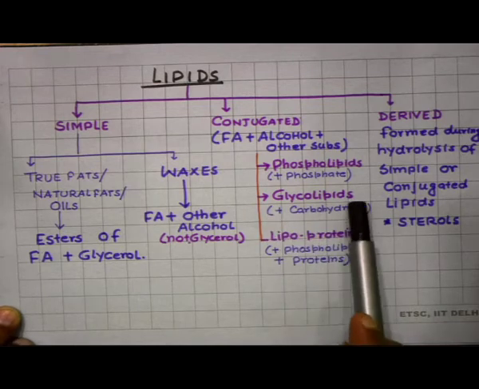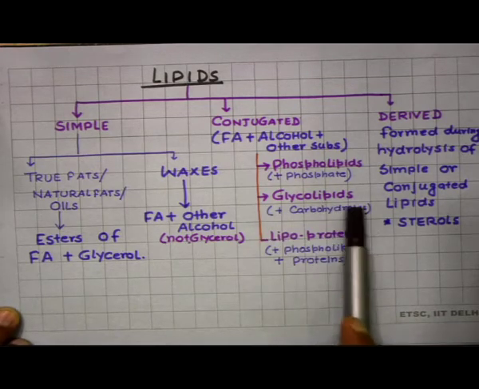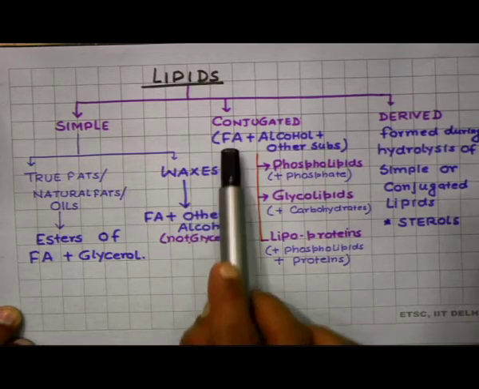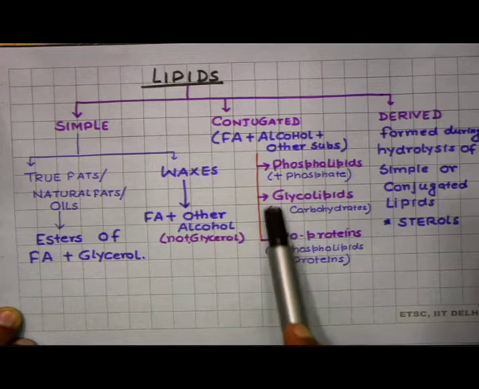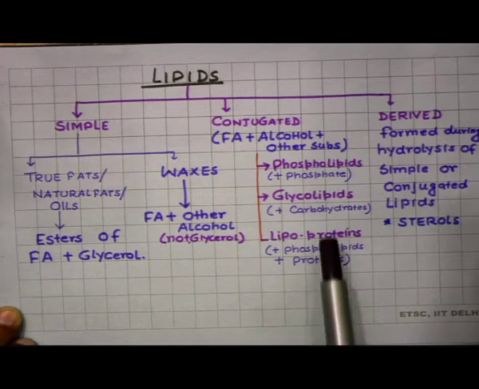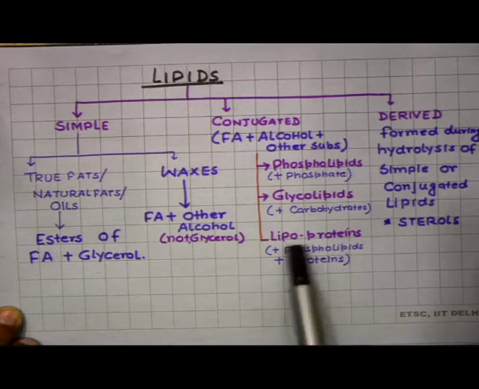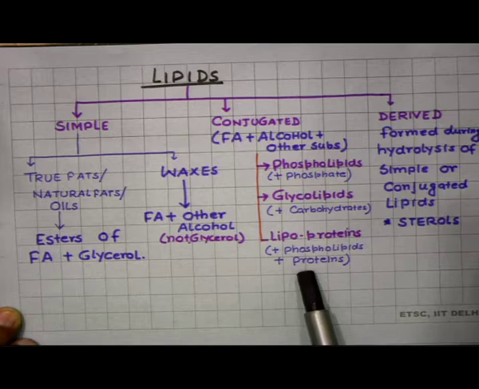Next is glycolipids, when conjugated lipids are formed by fatty acid, alcohol and carbohydrate. And the third one is lipoprotein, made by fatty acid, alcohol, phospholipids and other proteins.